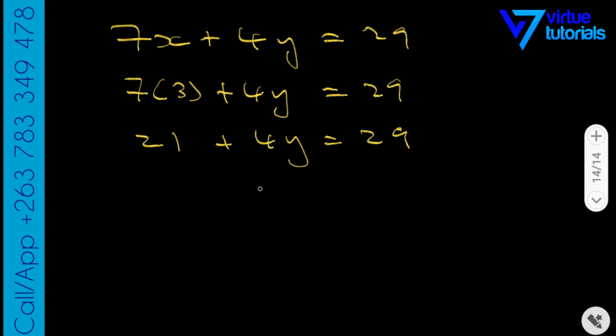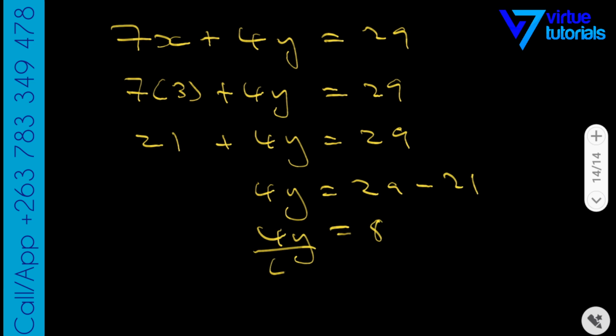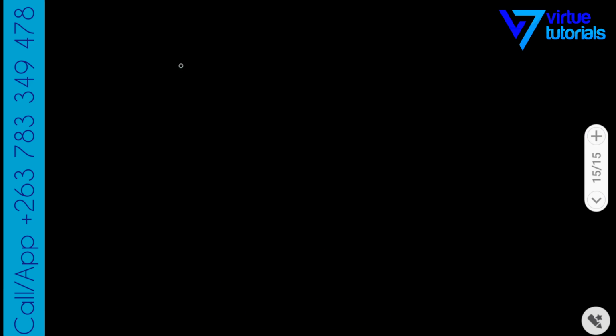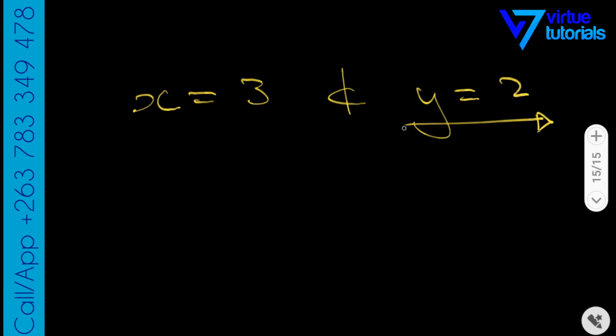Take 21 that side. Get 4y is equal to 29 minus 21. I get 4y is equal to 8. Divide both sides by 4. I get y is equal to 2. So again, I get my same answer. I get my x is equal to 3, and I get my y is equal to 2, right?